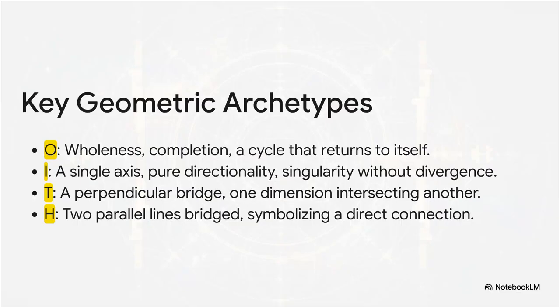Let's just fire off a few more quick examples, because they're so good. O is obvious, right? It's wholeness, completion, a perfect cycle. I is just a single, pure axis. It's direction, but with no divergence. T is literally one line, one dimension, meeting another at a right angle, an intersection. And H, I love H. It's two parallel lines with a bridge right between them. It's the perfect symbol for a direct connection.